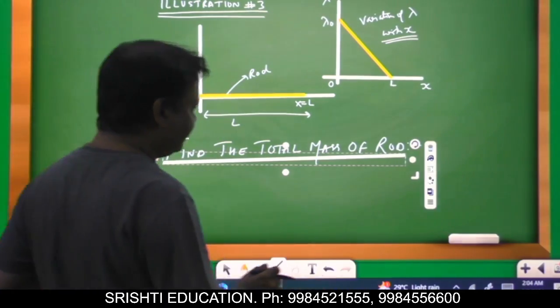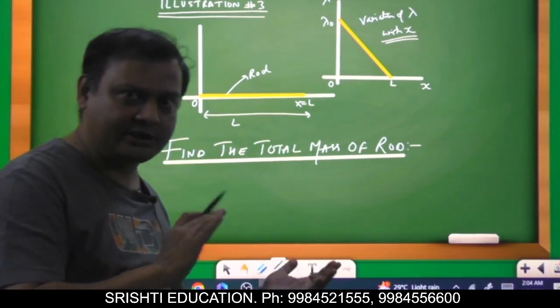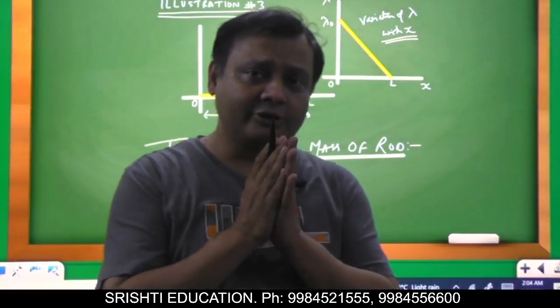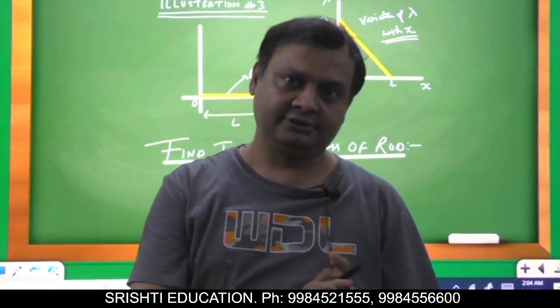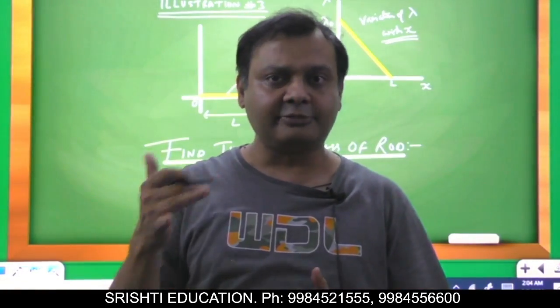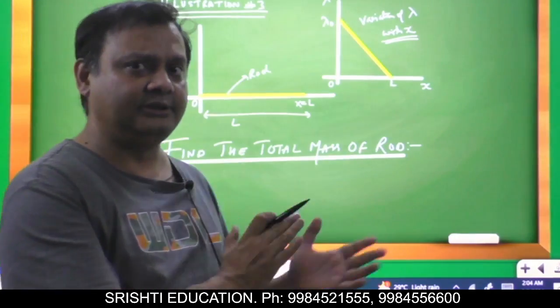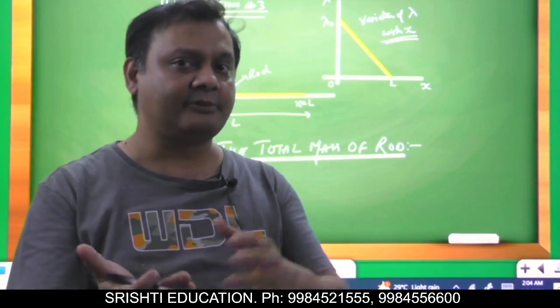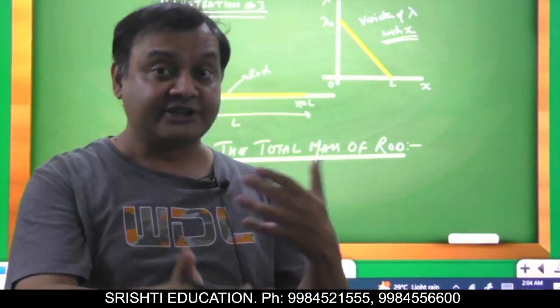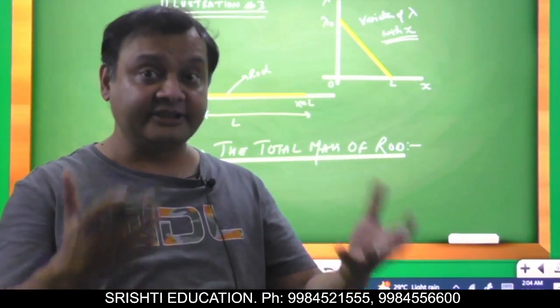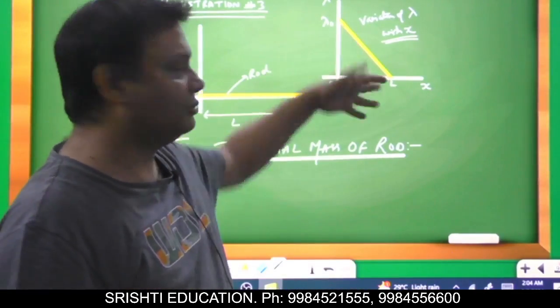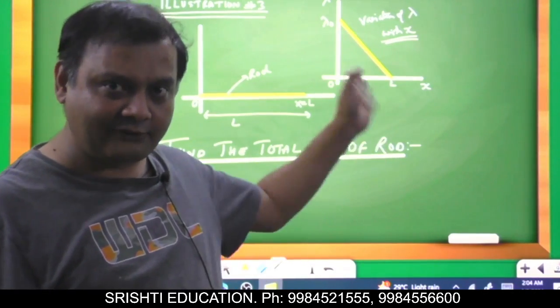Say again, in the previous two illustrations lambda was given as a mathematical function of x. In the present illustration lambda is not directly given as a mathematical function of x, but instead the representation is given by the graphical view. Lambda is given as a graph of x.